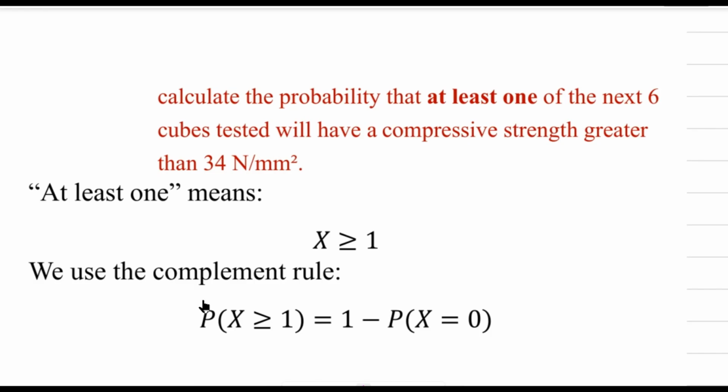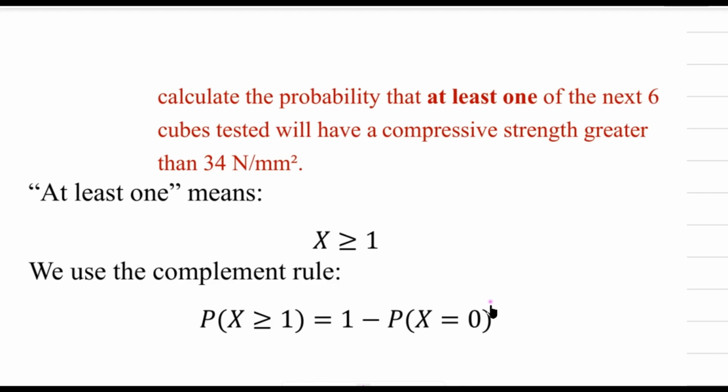This is called the complement rule. The complement rule says that if you look at any success above 1, that means it equals 1 take away failure. If you remember at the beginning of this session, we mentioned that success plus failure must equal 1.